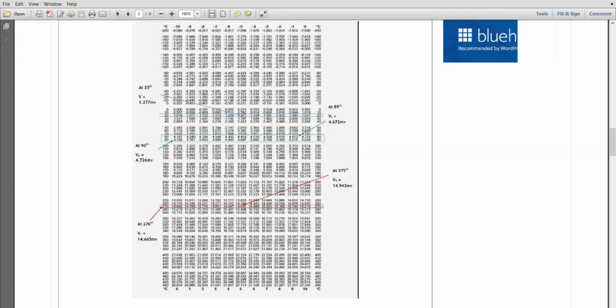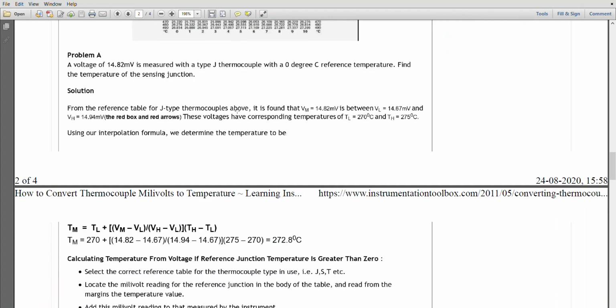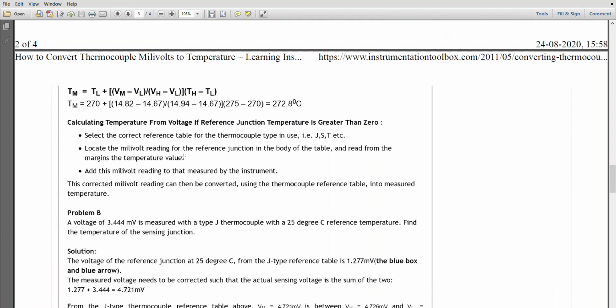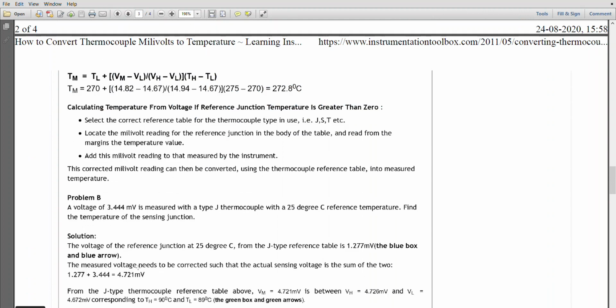The fifth reading is 25. That is the value, 1.277. You just add that 1.277, and what you will be getting is another voltage, that is 4.721 millivolts. That is the voltage that actually needed to be measured.